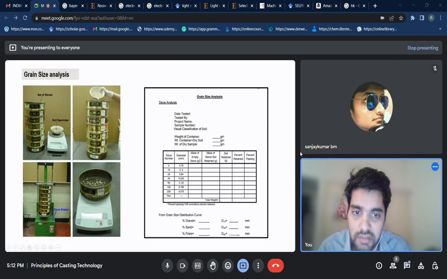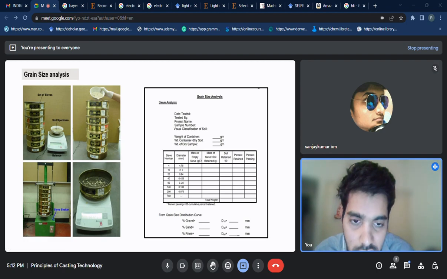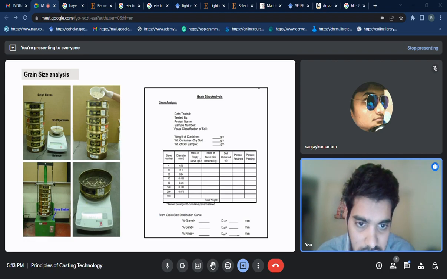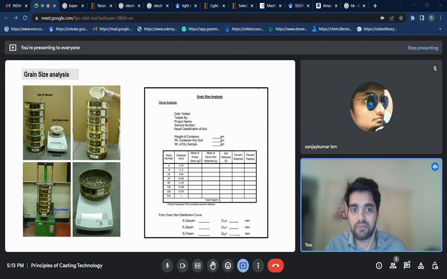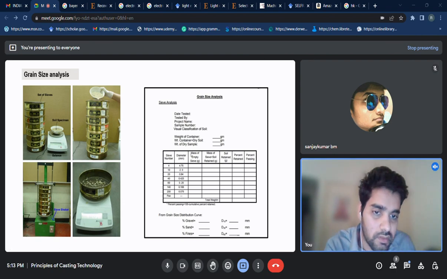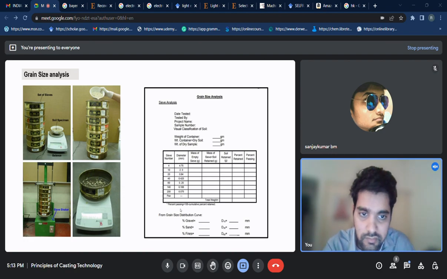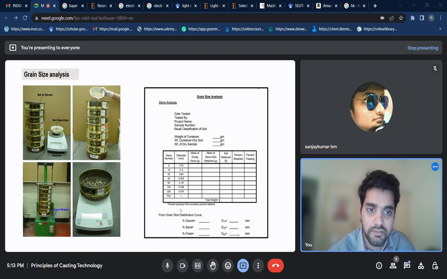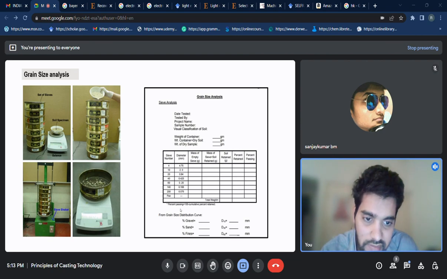The table shows sieve numbers 4, 10, 20 and so on, and the diameter of the holes. The first is 4.75 mm, a very big size, so very coarse particles, or majorly all the particles, will pass through it. The second sieve is 2 mm, the third is 0.84, and then in the same sequence.